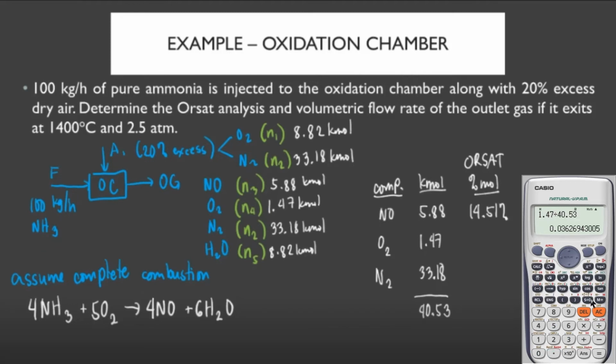For oxygen, that's 3.63%. And finally, for nitrogen, we have 81.87%.